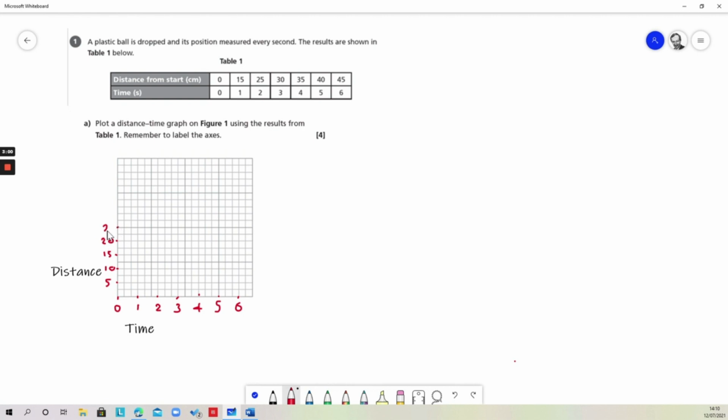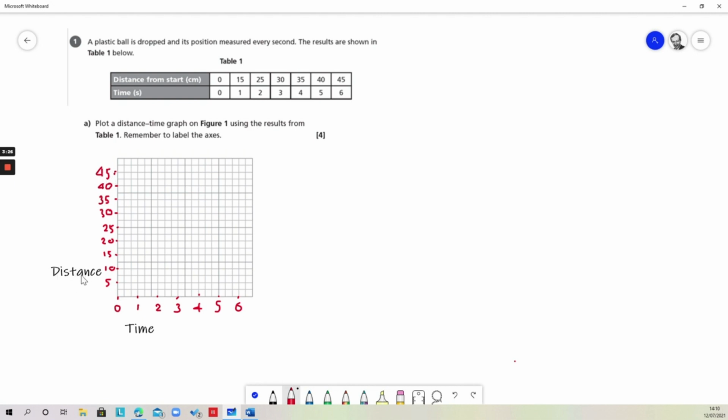That one there will be 25. This will work quite well, because the values, as you may well have noticed, are all multiples of 5, so that will fit quite well on these grid lines. It means that we can use grid lines for each of the distance values. So we've got 40, and then the final one, which is going to be there, will be 45.